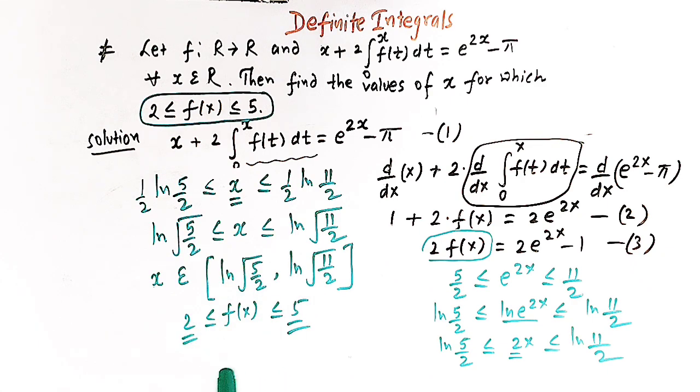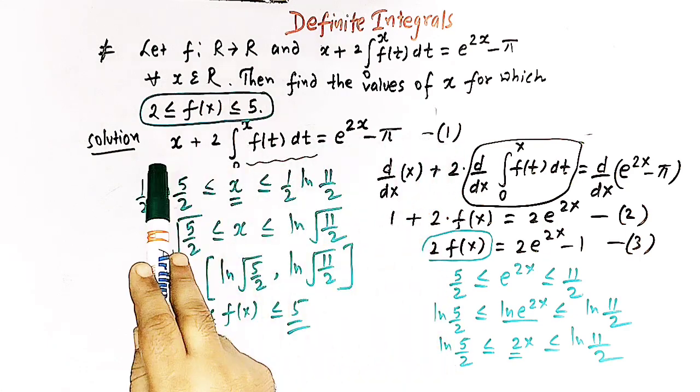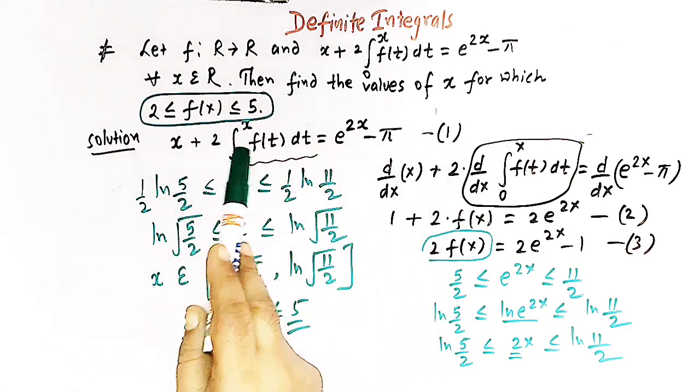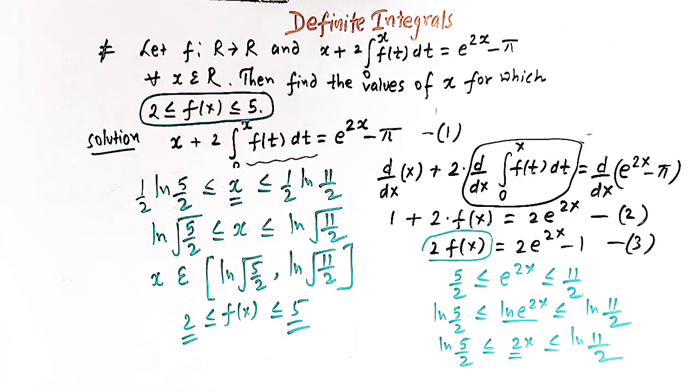So viewers, this is how by making use of the fundamental theorem of integral calculus, that is by differentiating this equation both sides with respect to x, we can find out the required values of x in this given problem.